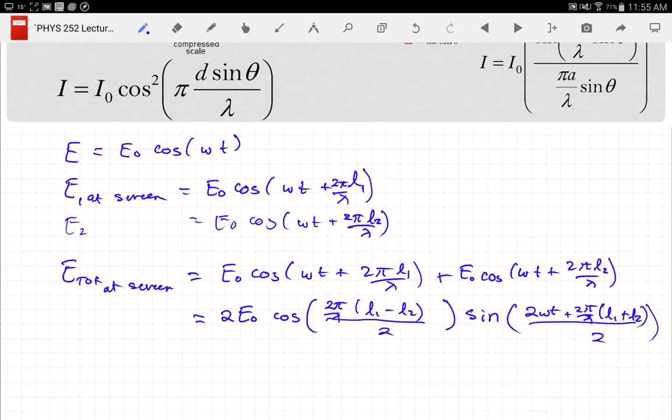And then this next step is an important base piece of information. The intensity of the light is proportional to the electric field squared.